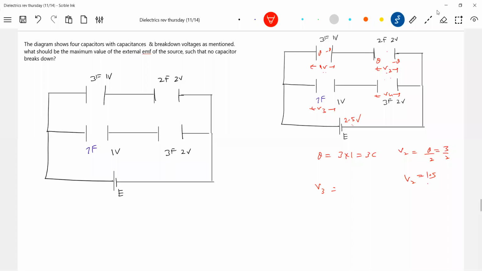V3 is 3 into 2.5 by 7 plus 3, which is 3 by 4 volt. Okay, then how much remaining V4 will be? V4 will be 7 into 2.5 by 7 plus 3.